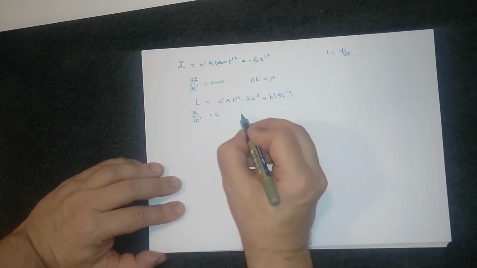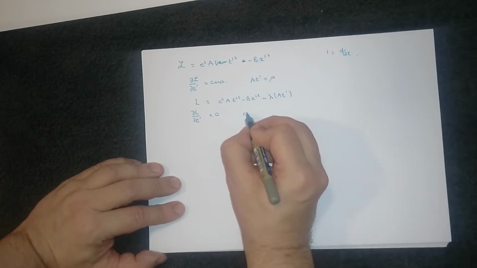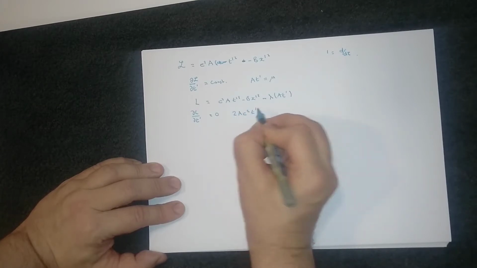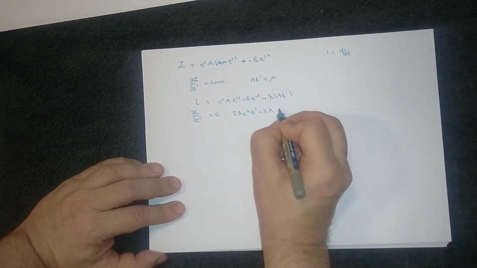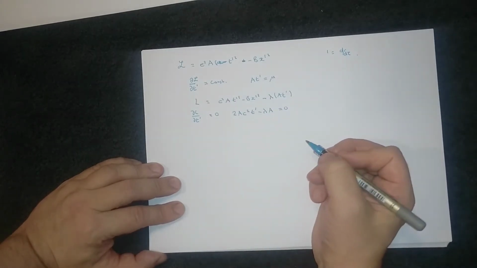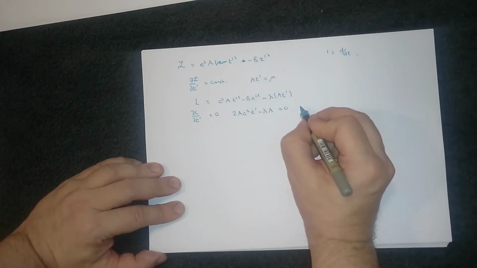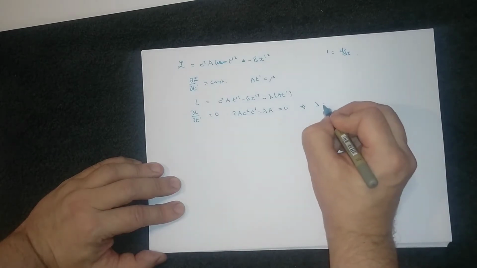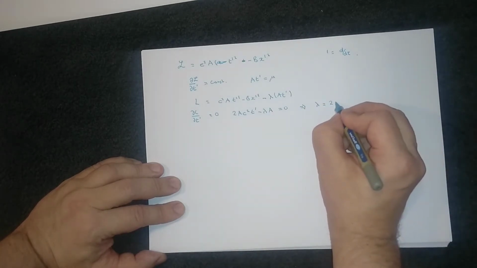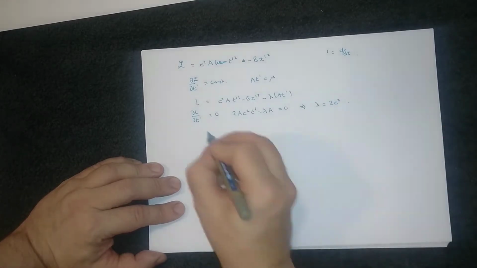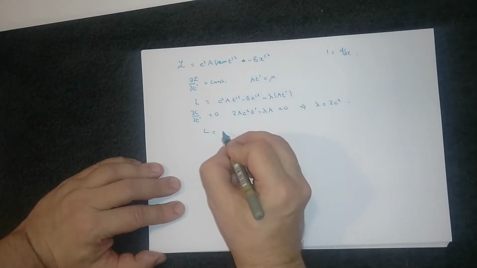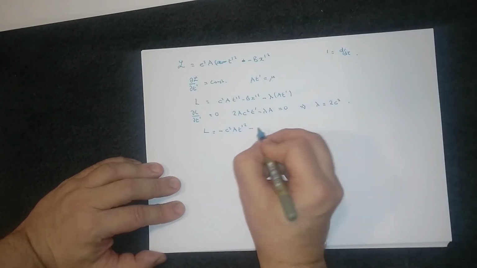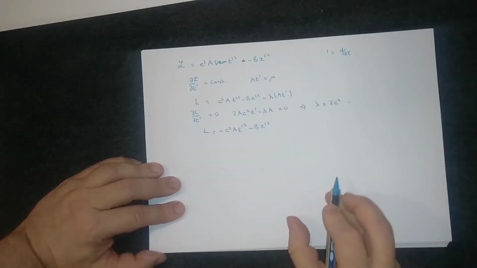So we'll get 2c squared a t prime minus lambda a is 0, which implies that lambda is equal to 2c squared, and therefore L is minus c squared a t prime squared minus b x prime squared.